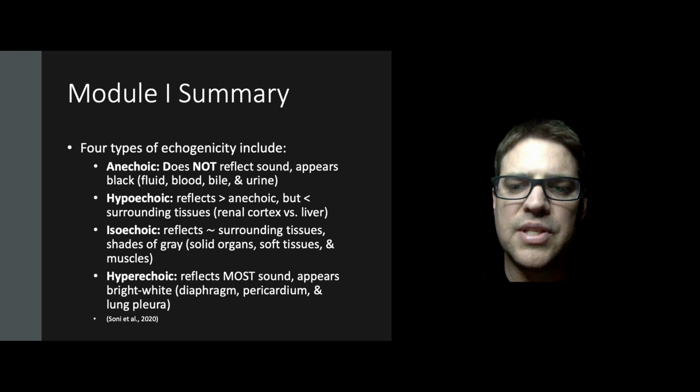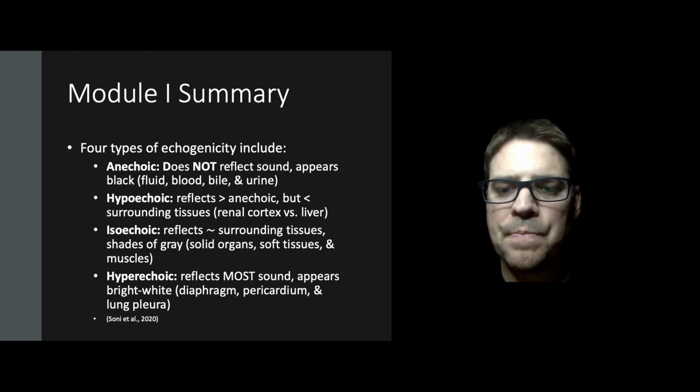Isoechoic reflects sound similarly to surrounding tissues and appear as shades of gray, and we use solid organs, soft tissues, and muscles. Hyperechoic tissues reflect most sound waves and appear bright white on ultrasound. And examples of hyperechoic tissue included diaphragm, pericardium, and the lung pleura.